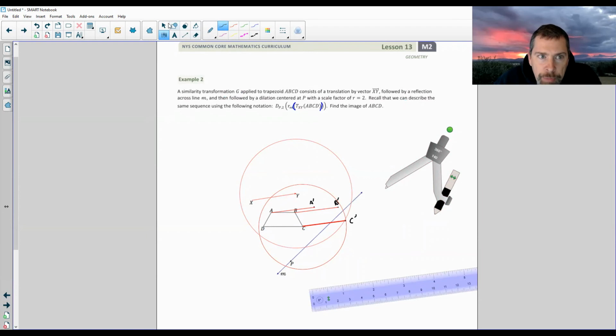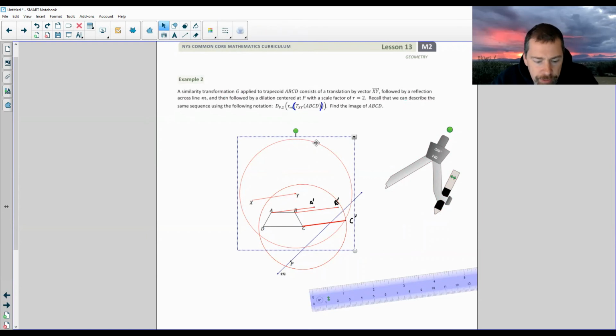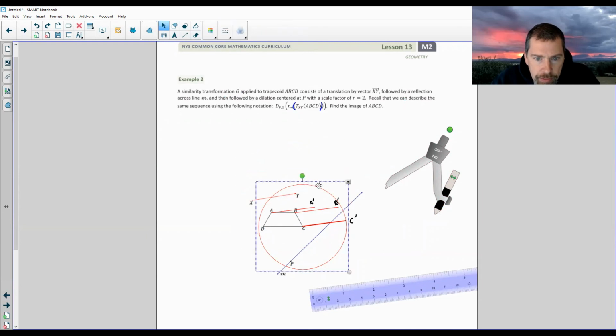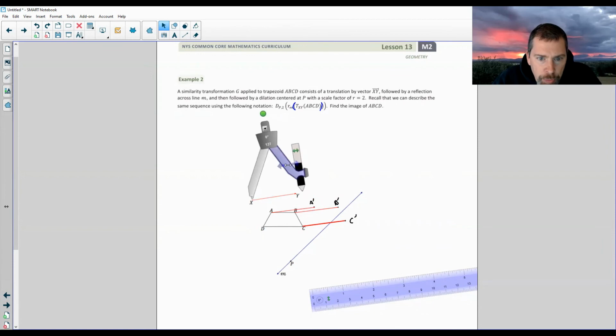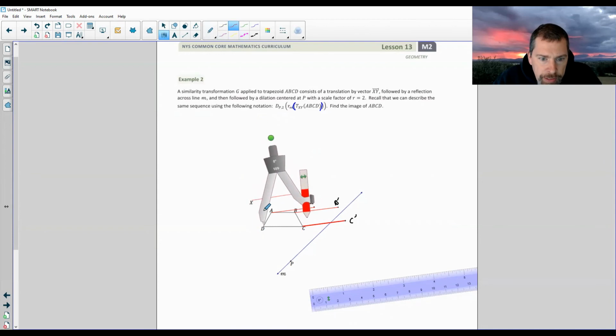Okay, so then I'm going to erase these circles. Delete, delete. I'm going to put my compass on X, rotate it up, open it radius XY. Let's make it red again. Move that to D, draw a circle centered at D, radius XY.